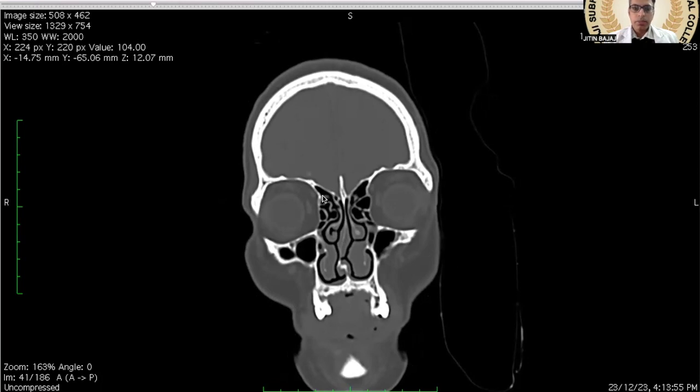So here we have to be careful, and if we damage this artery, the artery can retract into the orbit and can cause orbital hematoma. So this is one clinical aspect.